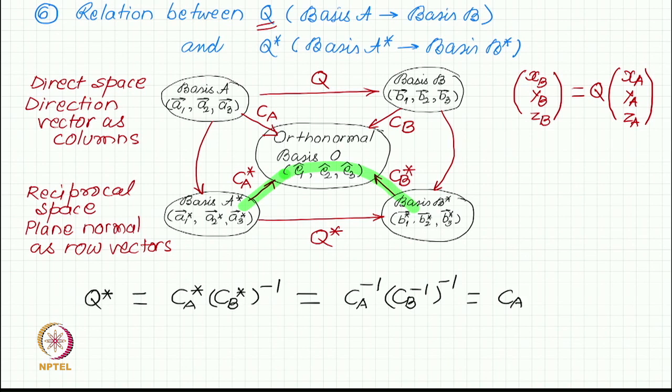So, the inverse of inverse is C B. So, we have C A inverse C B. We can write this as, again using the matrix inverse property, C B times C A whole inverse. Now, let us see what C B times C A will do for us.